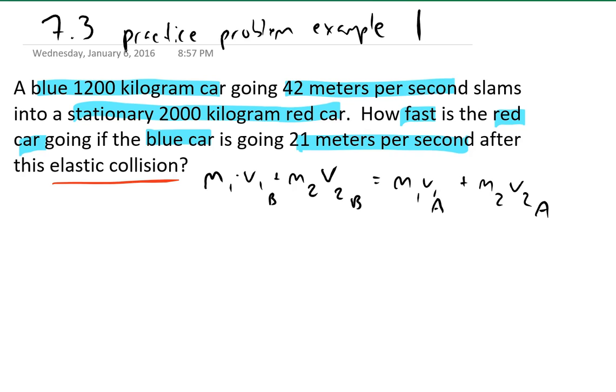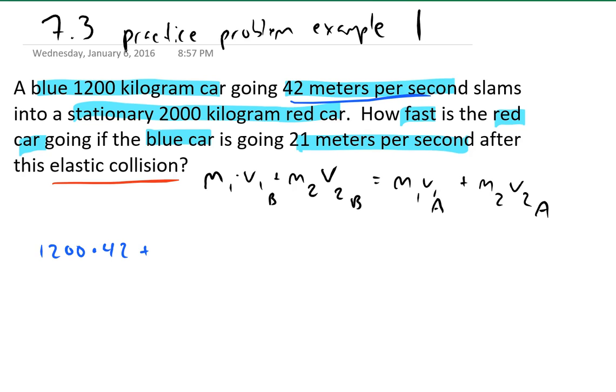Now, I'm going to fill in my variables here. We have a 1,200 kilogram car, that's the first one. So I've got 1,200 multiplied by the velocity before, that's going to be the 42 meters per second, plus our second mass.